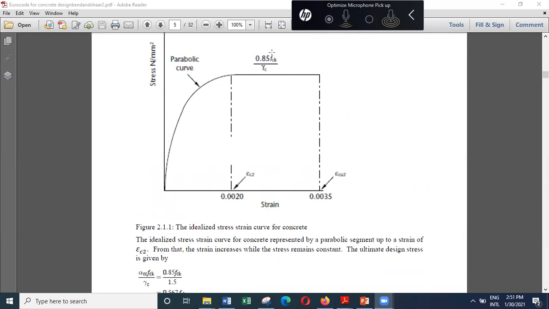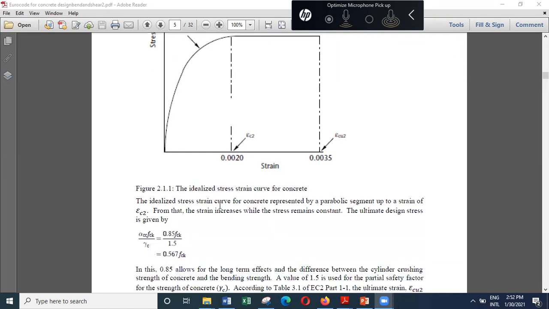So this is the factor that is used in British codes, and they use a factor of 0.85. So in the BS EN version, you'll find that the concrete cylinder strength is reduced by 15%, and then you divide it by the partial factor. When you do all this, you'll end up getting the strength of concrete.